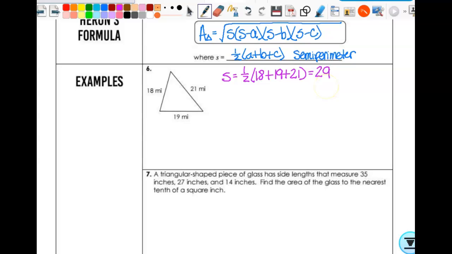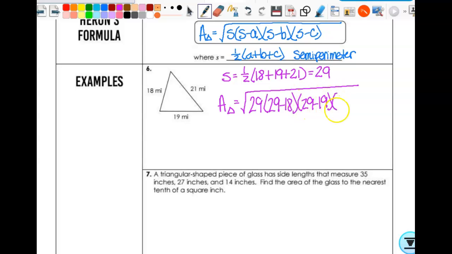So 29 is your semi-perimeter. So the area of the triangle then is a big old square root of 29 times 29 minus 18 times 29 minus 19 times 29 minus 21, and then I would just let the calculator do it all.